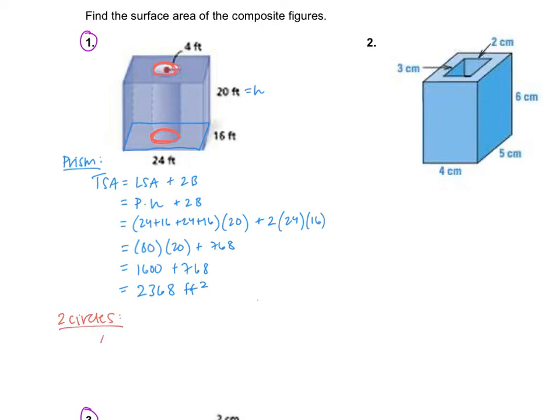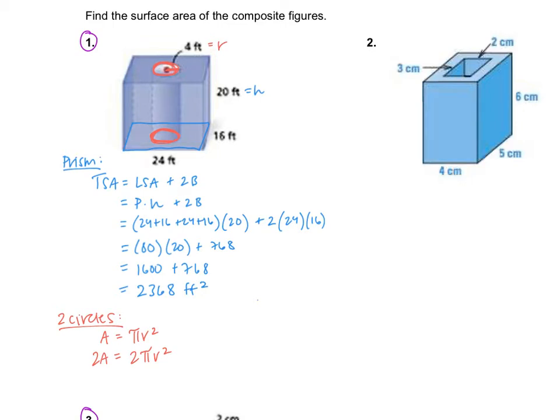We know the area formula for one of the circles is pi r squared. So in order to find the area of two circles, we're going to have 2 pi r squared. Looking at this, we can see the radius is 4.